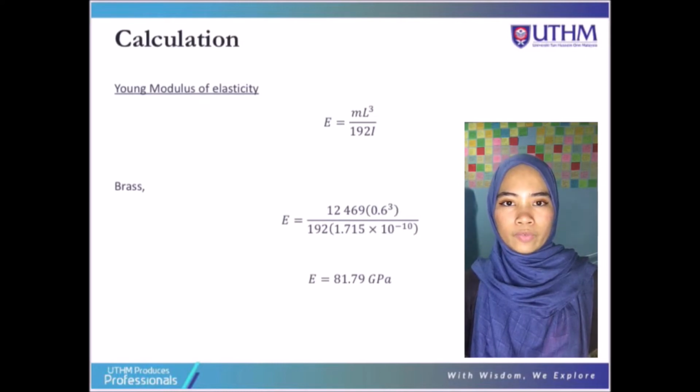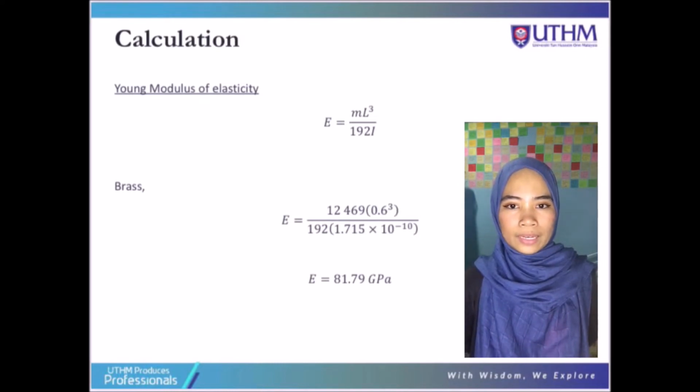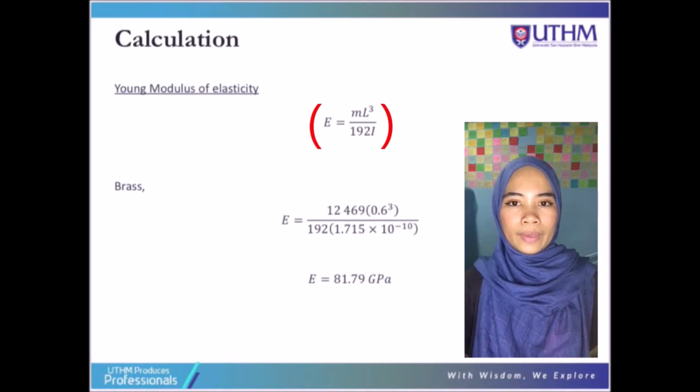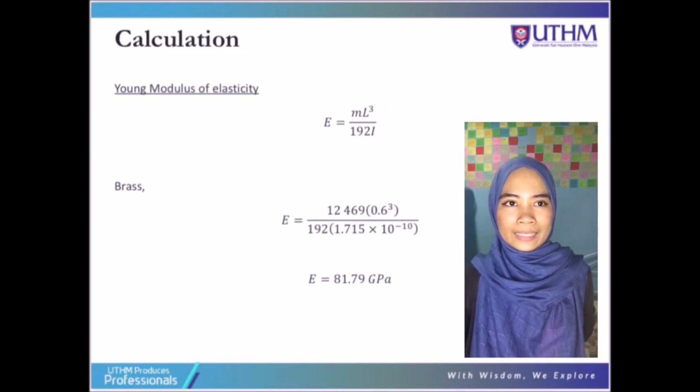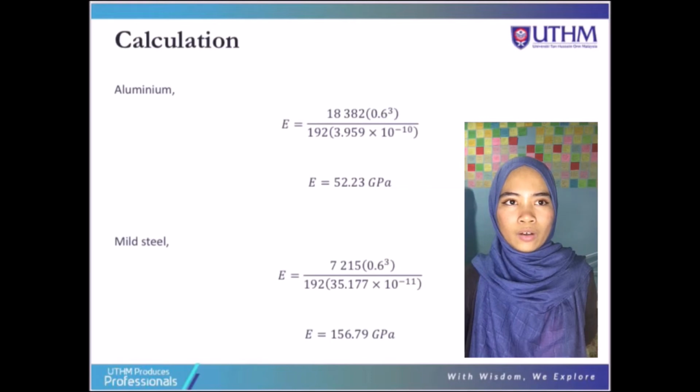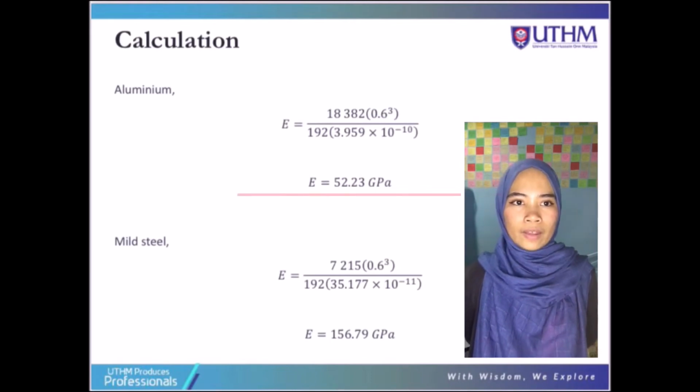Next, we are also asked to calculate the value for Young's modulus of elasticity. The formula given for Young's modulus of elasticity is m L to the power of 3 divided by 192 times I. So, for brass, the value of Young's modulus of elasticity is 81.79 gigapascal, and the value for aluminium is 52.23 gigapascal.